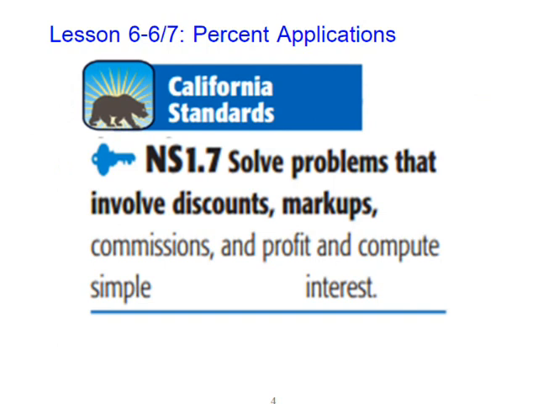The point of this lesson is to take what you already know about computing percentages and apply that to real-world examples like discounts and markups, commission, profit, and simple interest. We are going to compute all of these things today.